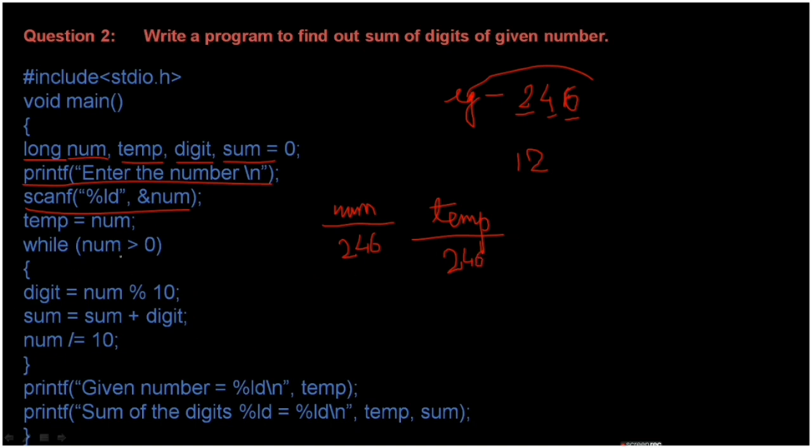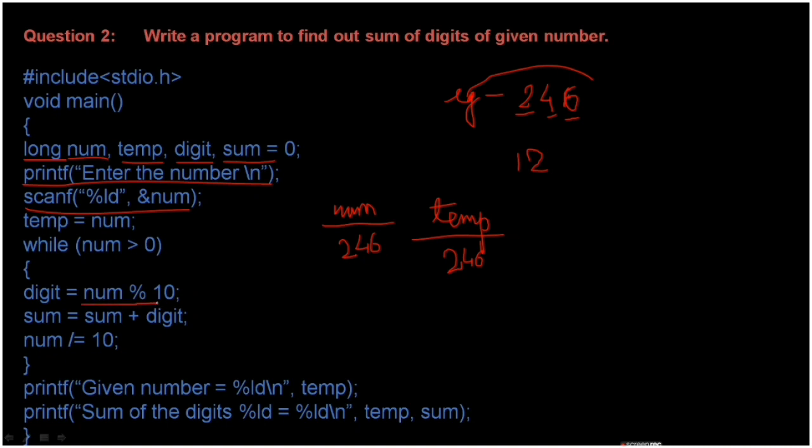After this, while num is greater than 0. This is the while loop we are declaring here. This loop will continue until the num is equal to 0, or less than 0. This num value, 246, is greater than 0. The condition is true, so it will come inside the loop. digit equals num mod 10.